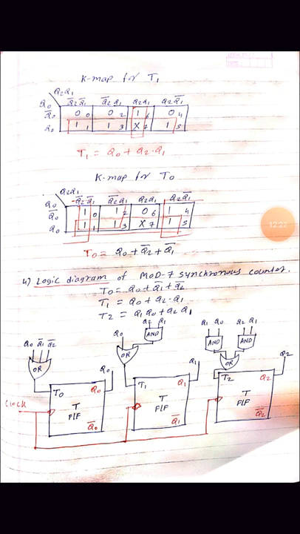As we are studying the synchronous counter, one single clock is applied in a synchronous manner, that is, all the T flip-flops toggle simultaneously. T0 is equal to Q0 plus Q1 bar plus Q2 bar.